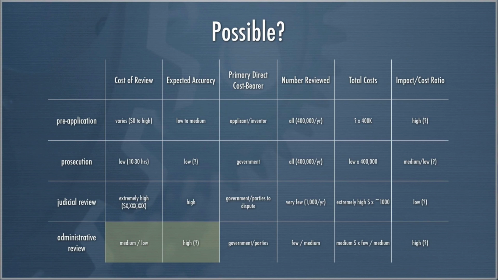And the question is, at the end of the day, is this administrative review structure that we've established now after the AIA going to meet what we would describe as a sweet spot? Is it going to be relatively accurate, highly accurate, and low cost, lower cost than litigation, but more accurate and potentially much more accurate than patent prosecution?